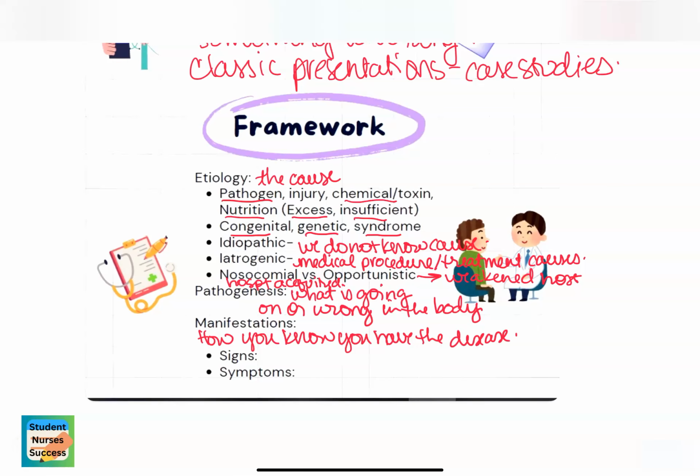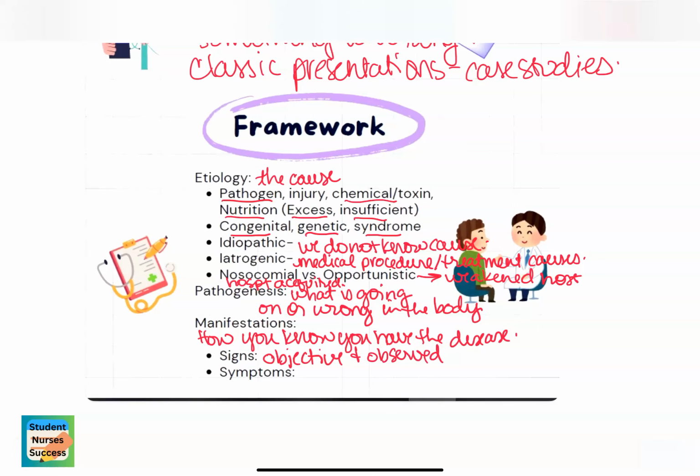Again, pathogenesis is what is going on or what is going wrong inside the body. Manifestations are how you know you have the disease. So with manifestations, we talk about either signs or symptoms. Now, signs are objective and observed.